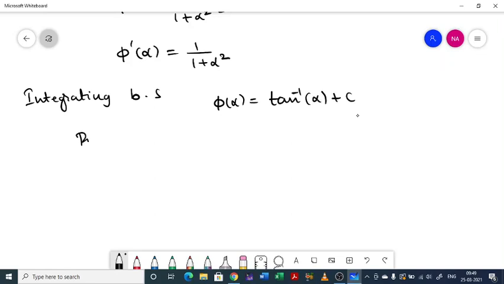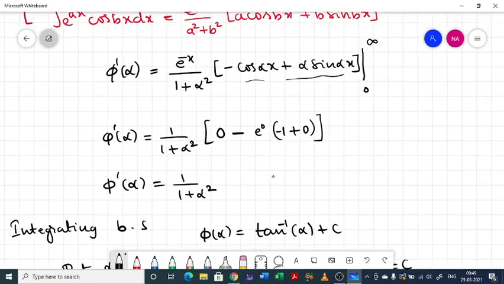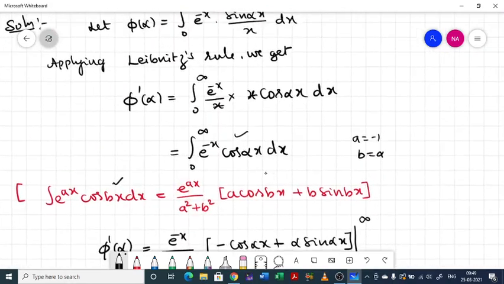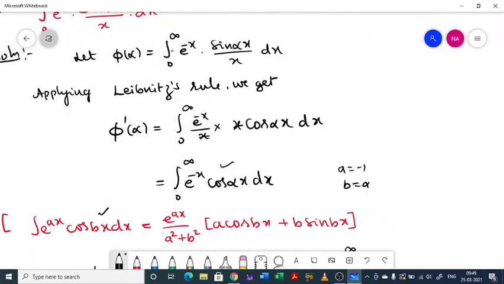As usual, put alpha equal to 0. What happens if you put alpha equal to 0? Phi of 0 equal to tan inverse 0, that is same as sin inverse 0, so you can take it as 0, plus c. So phi of 0, you got c. By definition, what do we have for phi of alpha? We have phi of alpha to be e power minus x into sin alpha x by x dx.